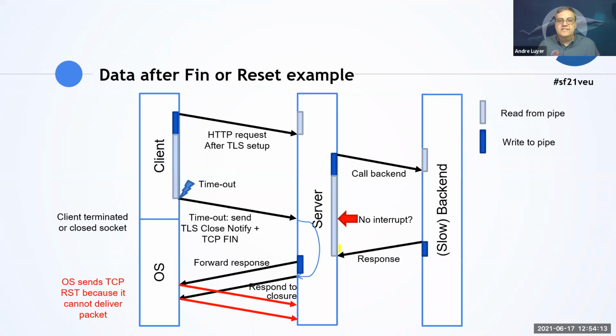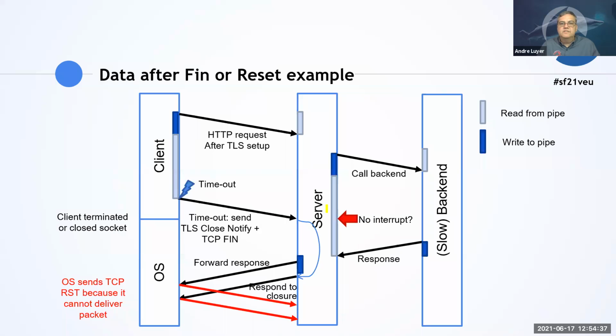Normally it gets an answer, and that allows it to send a response to the client. But what happens if this backend is slow? Well, if the client times out or is terminated or whatever, then the connection gets closed. We'll see in the capture a close notify.